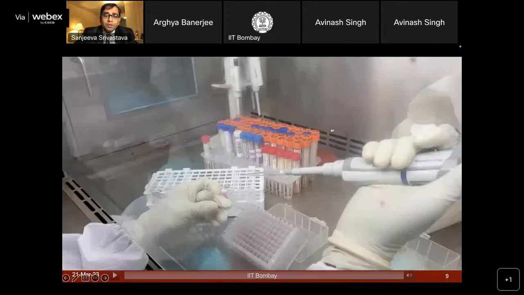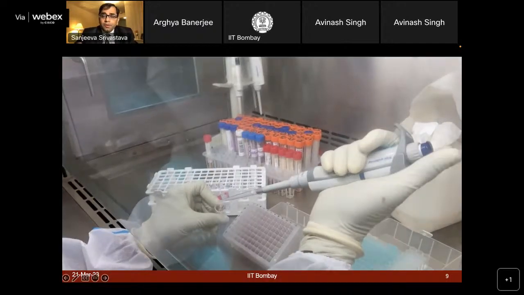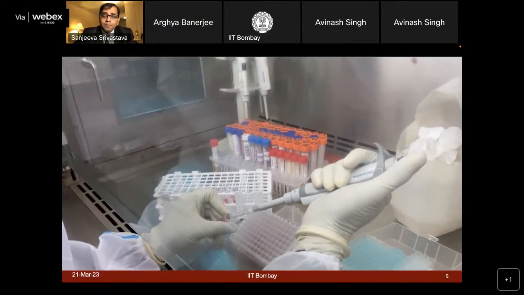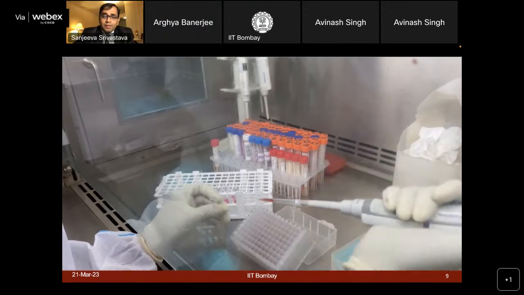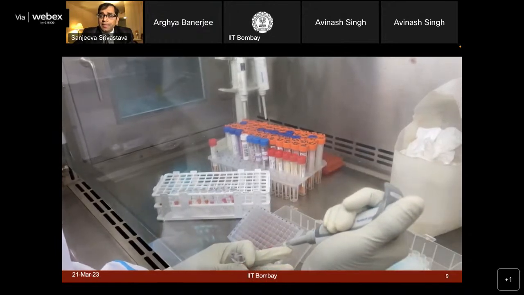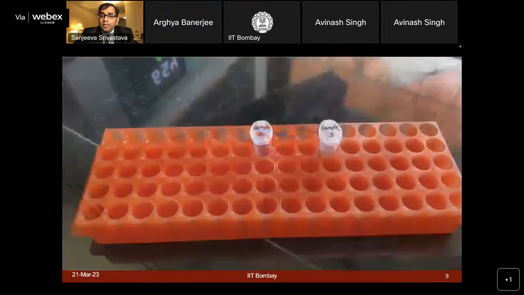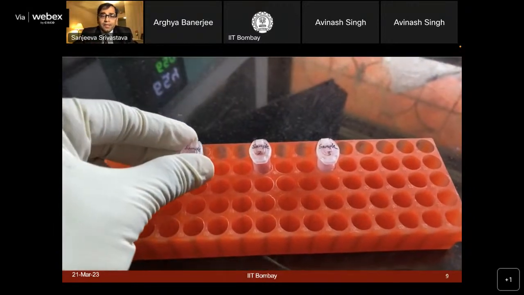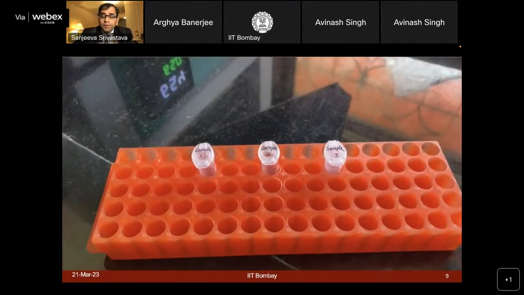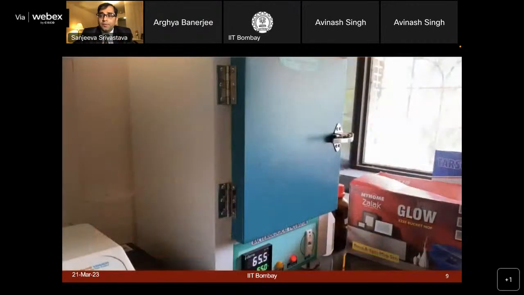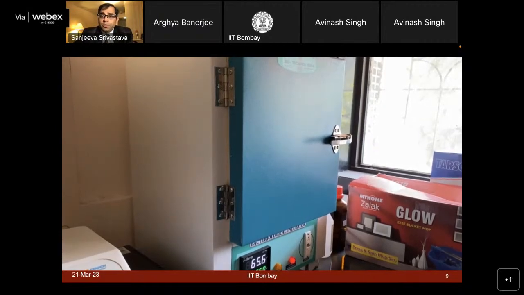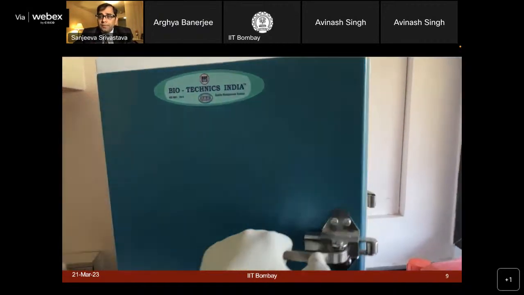So I'm showing you here one of the sample preps which we did for the nasopharyngeal swab sample. As you can see, the challenges were immense for working on these kinds of clinical samples, given the safety considerations, and you have to inactivate the virus first. So we tried different organic solvents, from ethanol, acetone, isopropanol, to ensure that we are first inactivating the virus.